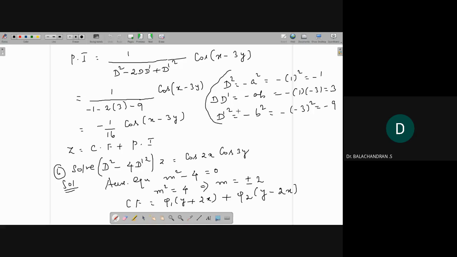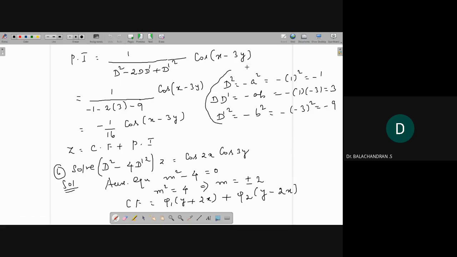And D dash square by minus b square, where b is minus 3, so minus of minus 3 whole square, that is minus 9.